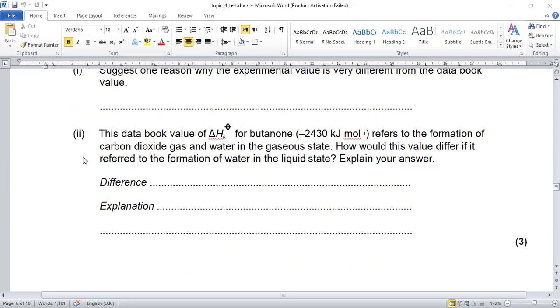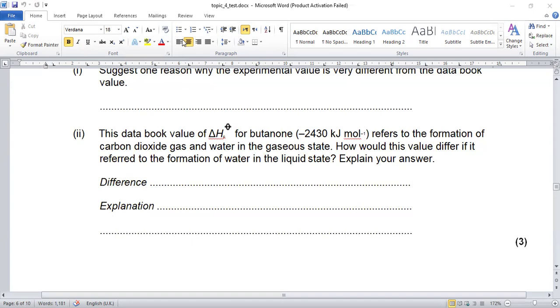This data booklet value of delta H for butanol refers to formation of carbon dioxide gas and water vapor. How would the value differ if it referred to formation of water in the liquid state? Explain your answer. I'm not sure on this one. Because you have to note that bond energy differs according to the physical state of the matter.